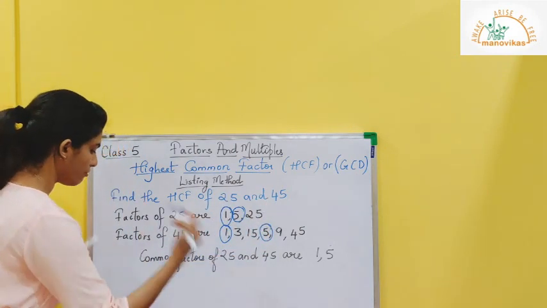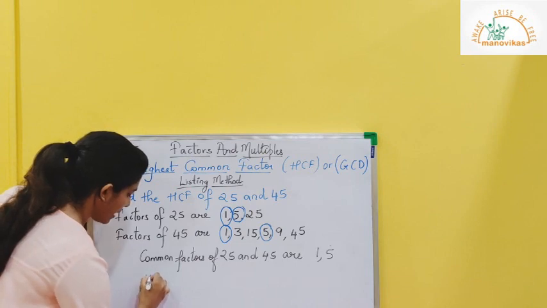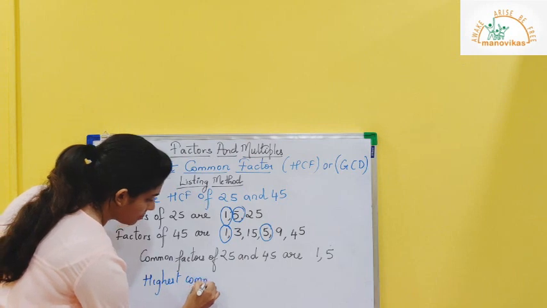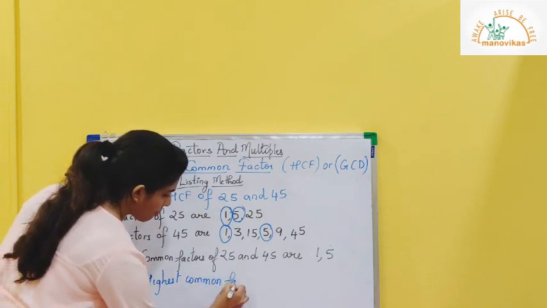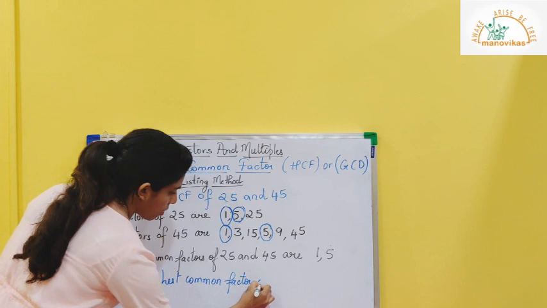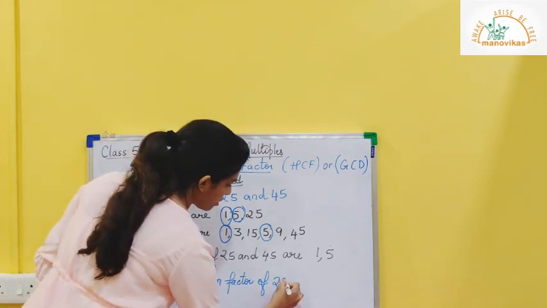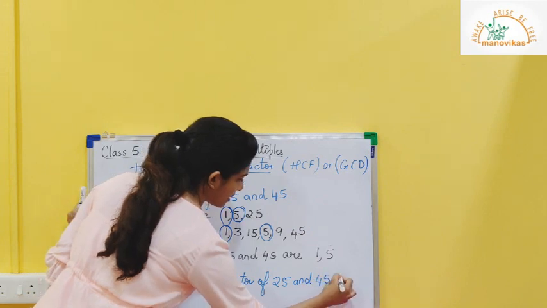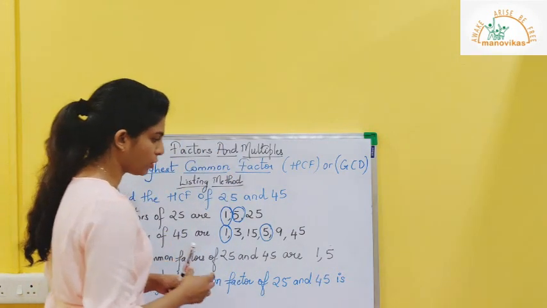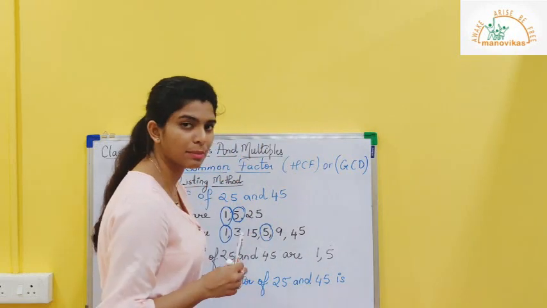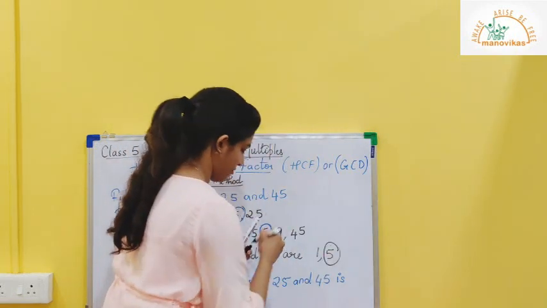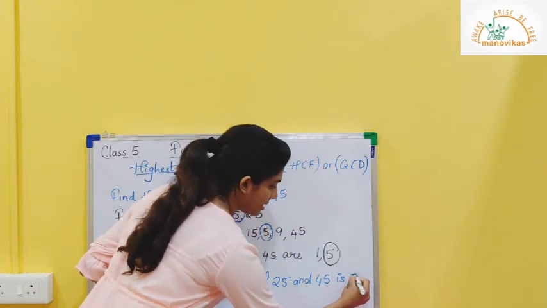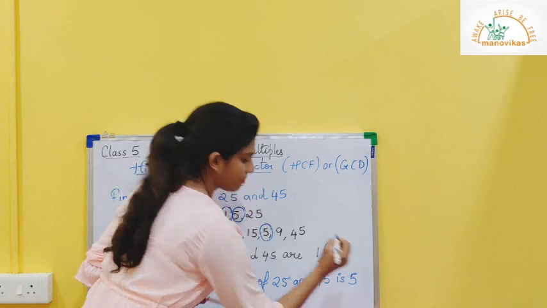After finding the common factors, I have to find the highest common factor of 25 and 45. Which is the highest common factor? Now you got two factors here. Which is highest number here? It is 5. So the highest common factor of 25 and 45 is 5.